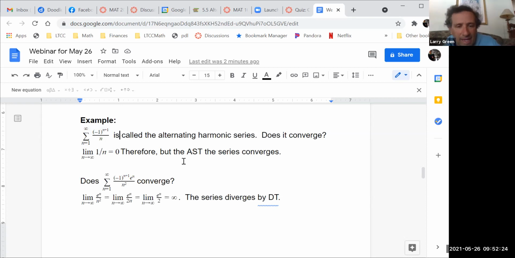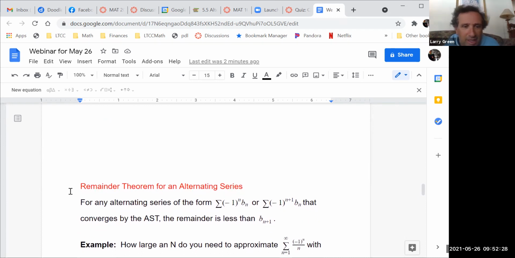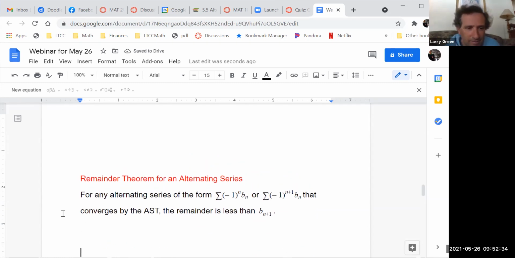Okay. And here comes the theorem. This is called the remainder theorem for alternating series. It says the following: for any alternating series of the form -1 to the n, bn, or -1 to the n plus 1, bn, that converges by the alternating series test, the remainder is less than b sub n plus 1.